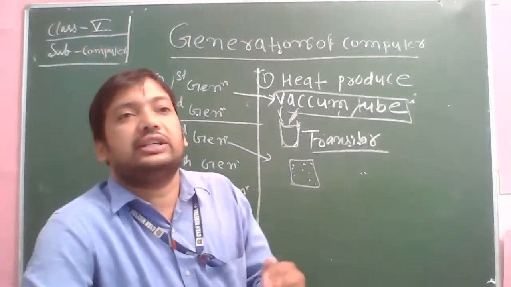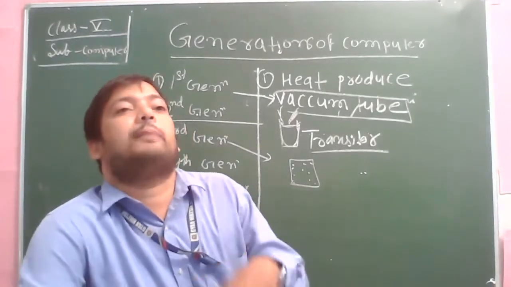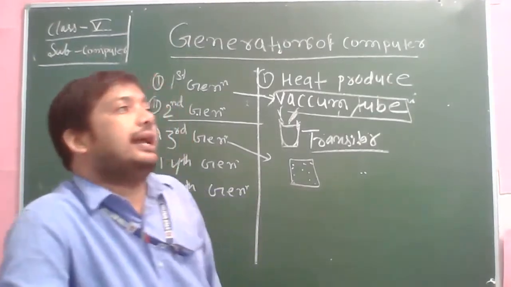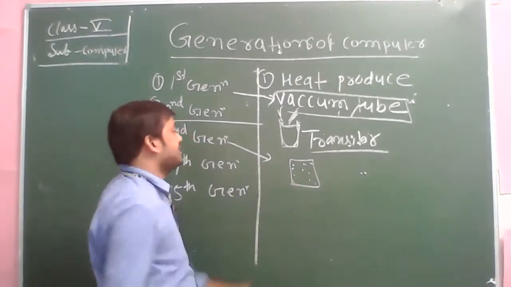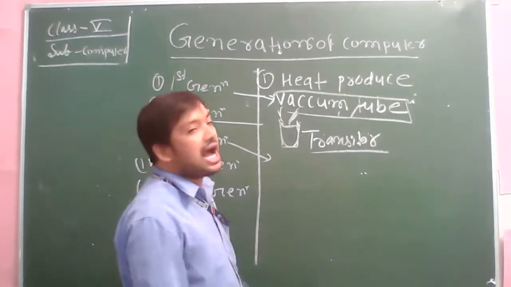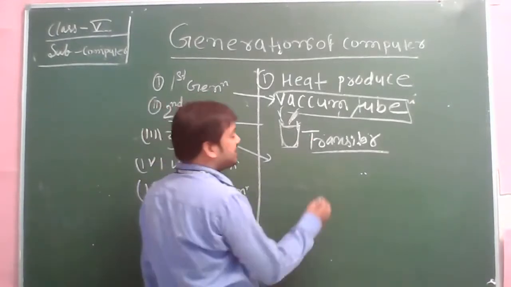After that, when scientists upgraded the system, we call that the third generation. In the third generation, the IC was used in place of the transistor.